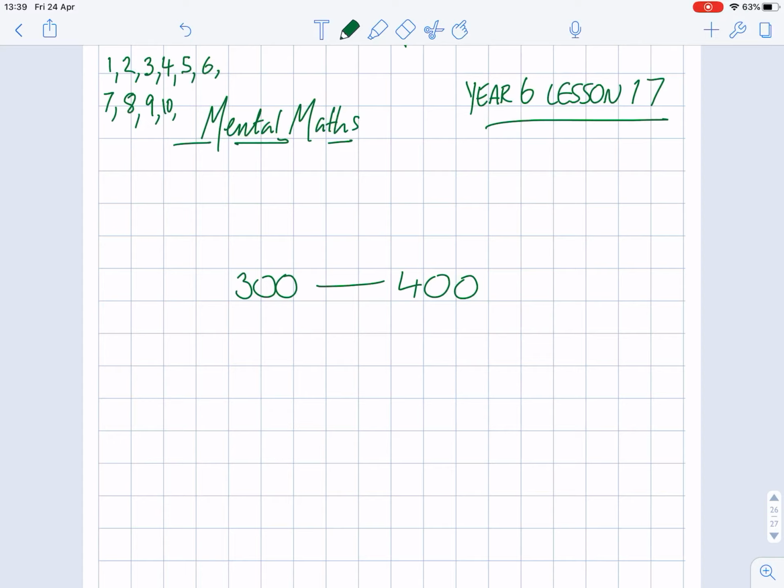Question 11, this is just a yes or a no. Is 7 a factor of 30? And question 12, I'd like you to split the amount £36.90 equally between 3 people.